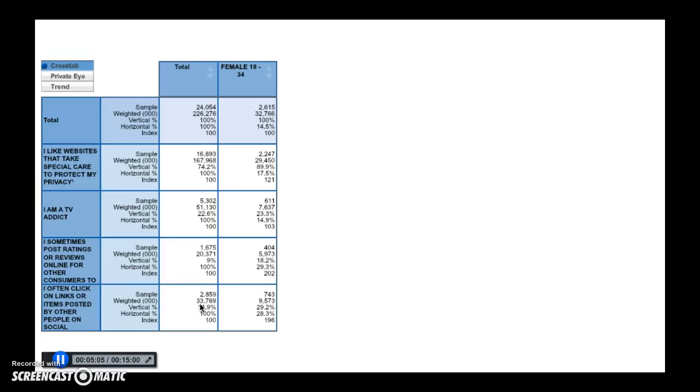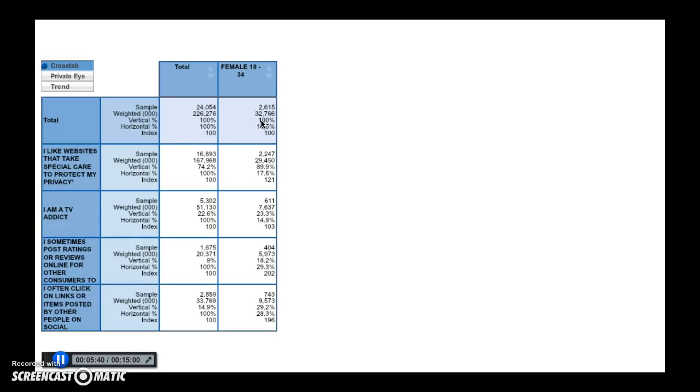As you can see, I've now added a column that only looks at women 18 to 34, the group that I said I was interested in learning about. The first thing we learn by looking at the total cell represented here is that there are a total of 32,766,000 women who are between the ages of 18 and 34 in the U.S. We know that because out of the total 24,054 respondents, 2,615 identified themselves as women between the ages of 18 to 34.